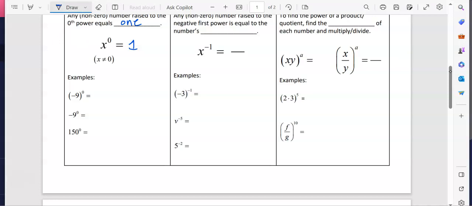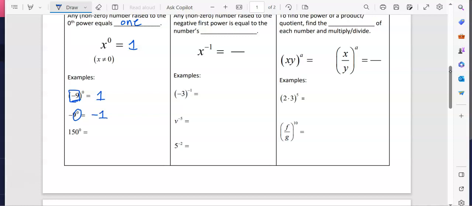Looking at a couple examples, the first two look similar, but they're different. In this example, negative 9 to the 0th power is positive 1. That's because the negative number is the base, and it is raised to the 0th power. I know it's the base because it's in parentheses. That's going to be 1. This one is actually 9 to the 0th, which is 1, made negative.